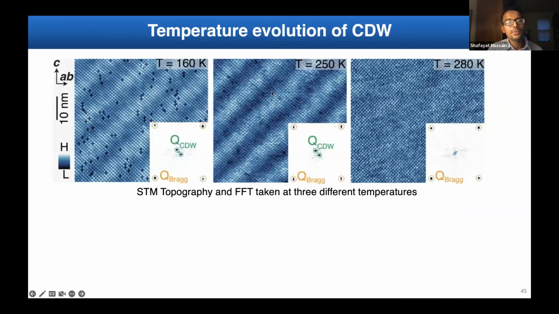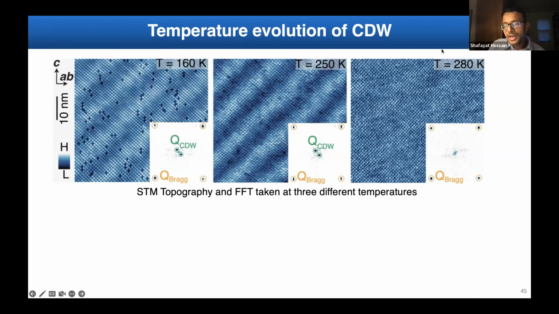Then we can do temperature dependence measurements and see how this edge state is linked to the charge density wave state. So first, let's look at what happens if we look at the surface. We image the surface as a function of temperature. At 160 Kelvin, there are clear charge density wave peaks. At 250 Kelvin, they're still there.